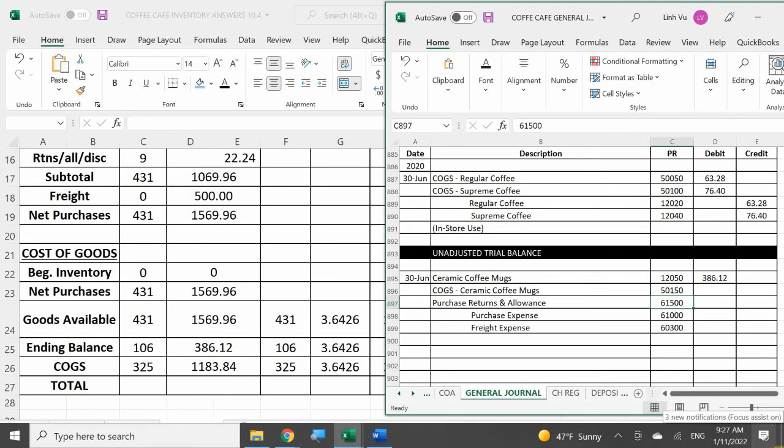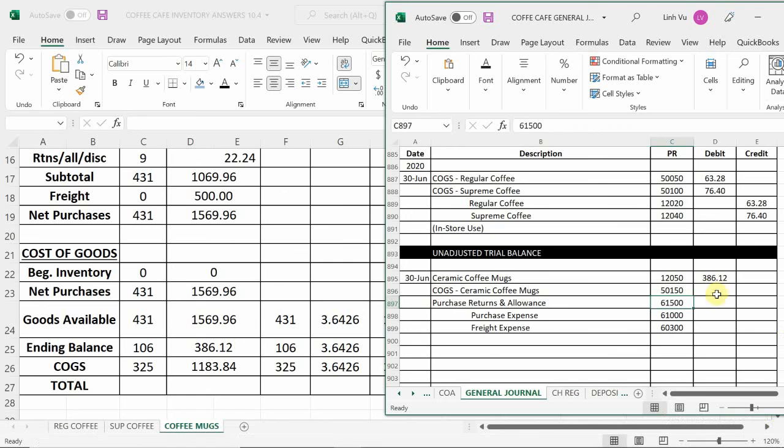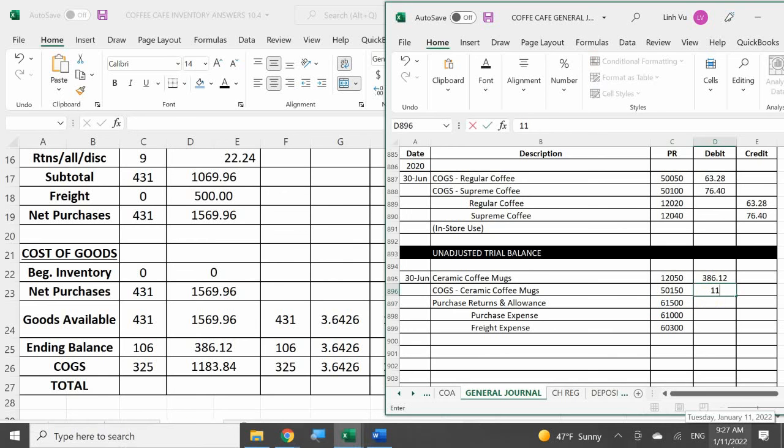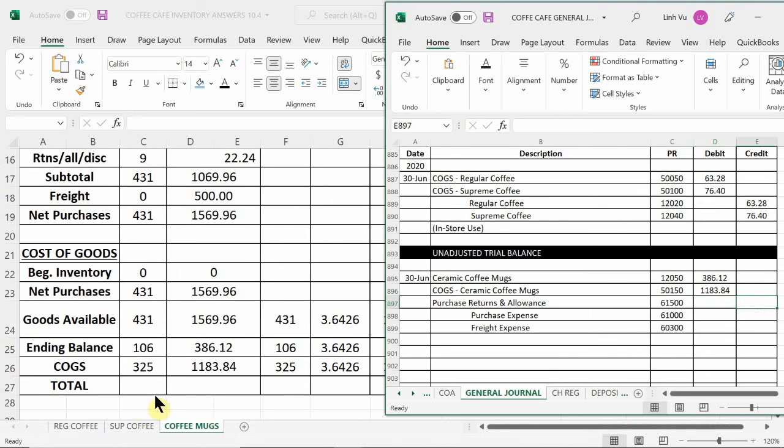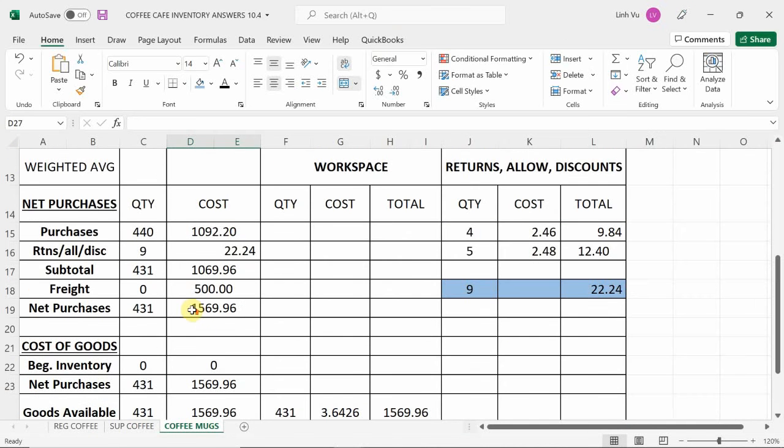Okay. So in this case, the cost of goods sold was 1183.84. How much was the purchase returns and allowances? $22.24.